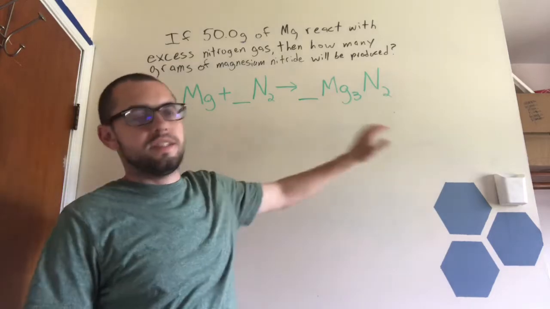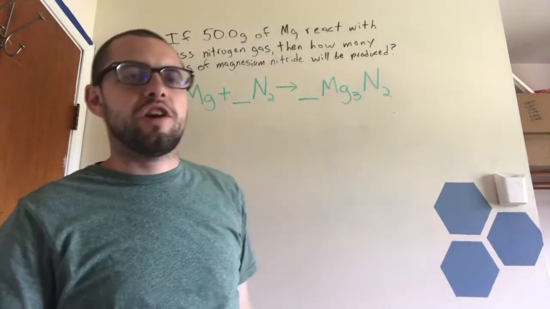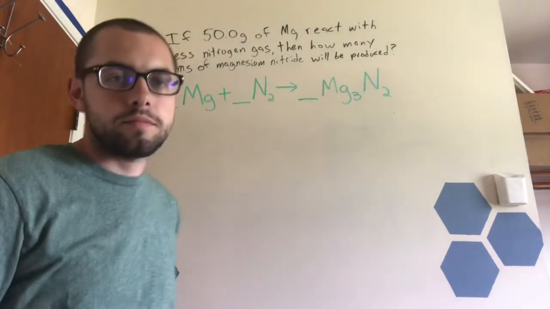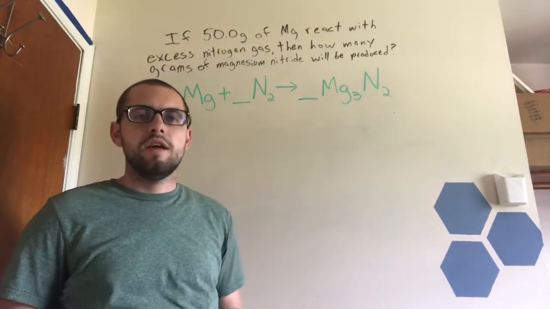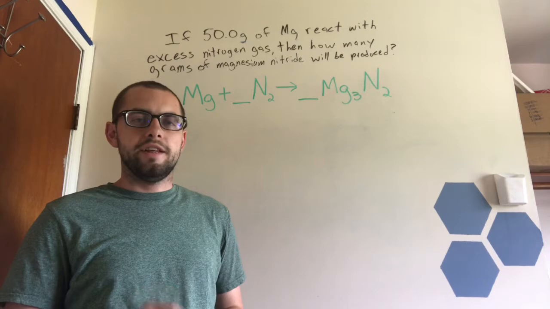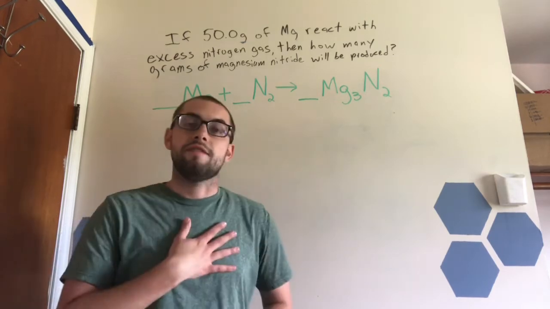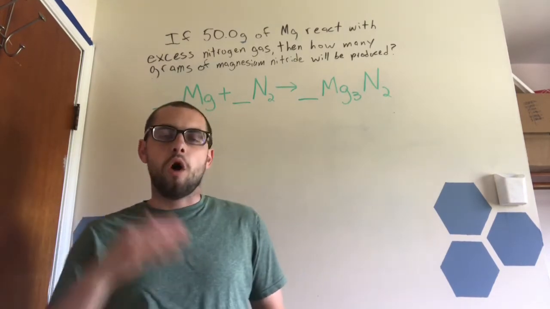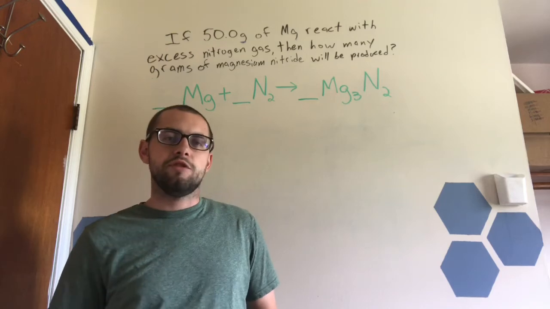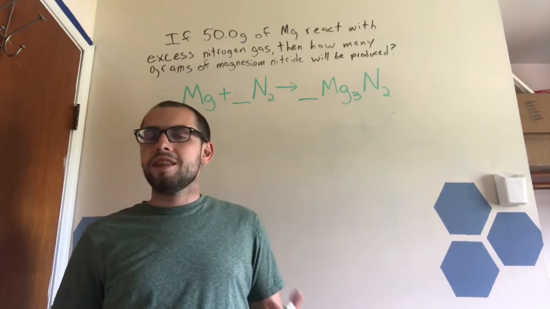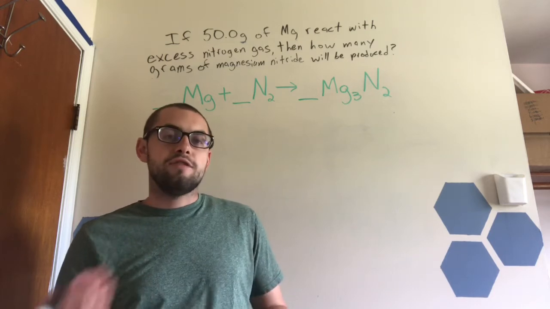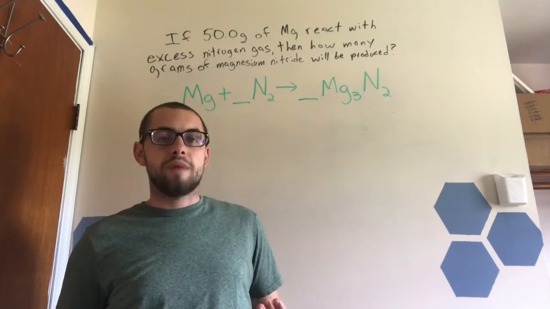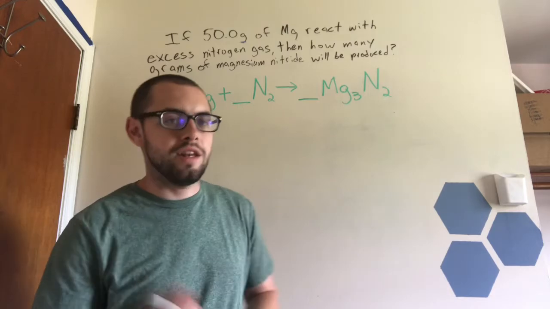This is the same reaction that's being described in the story problem. Your first thing that you're going to want to do, number one, make sure that it's a balanced reaction. If I'm nice, I'm going to be giving you all balanced reactions to save you time. But it could be the case where you end up with an unbalanced reaction, and you've got to balance it, add in those coefficients before you can even start.